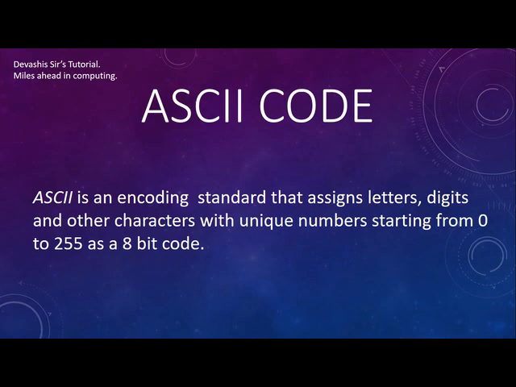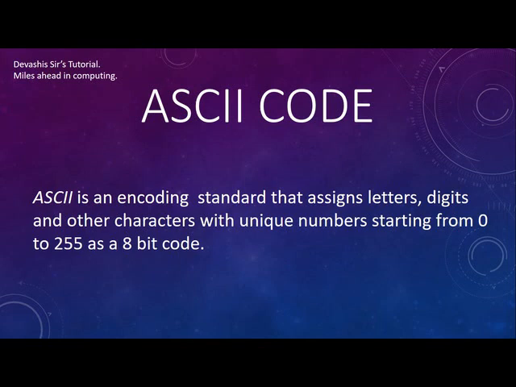And remember, the first 31 ASCII codes represent control characters. That is different types of controls, like backspace, escape. From 32 to 127 is used for representing different characters.